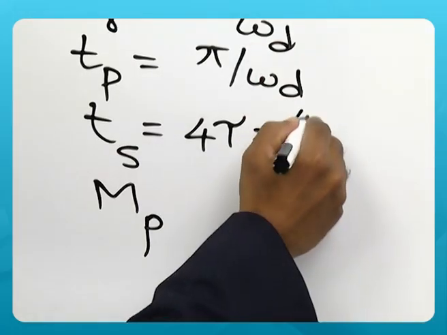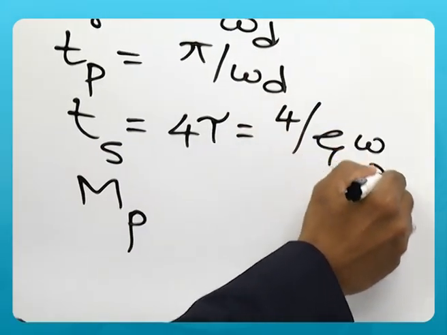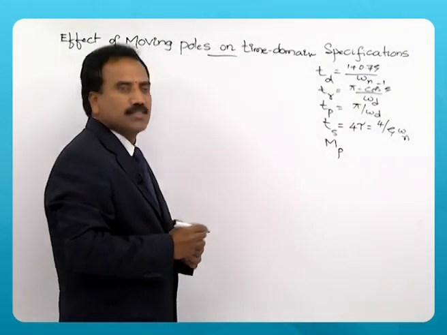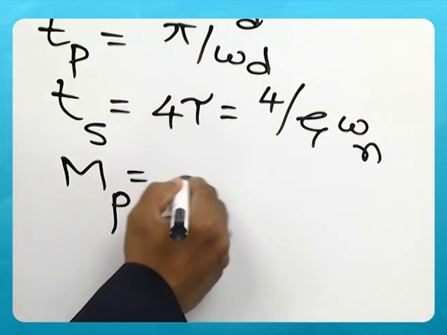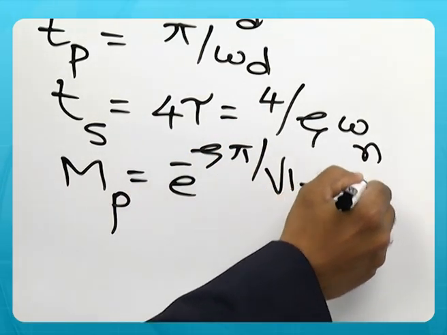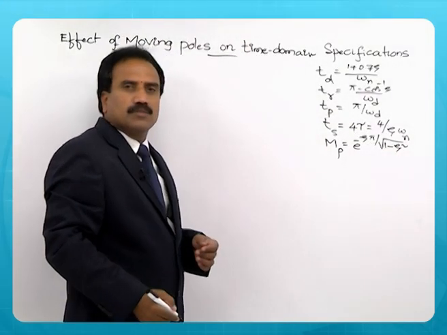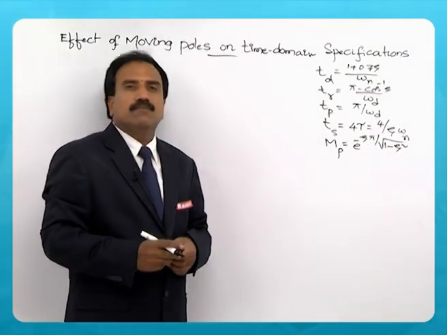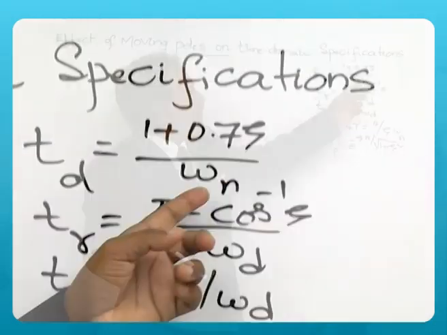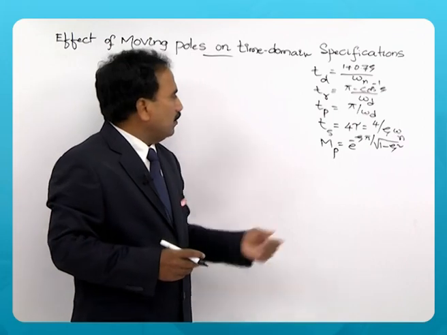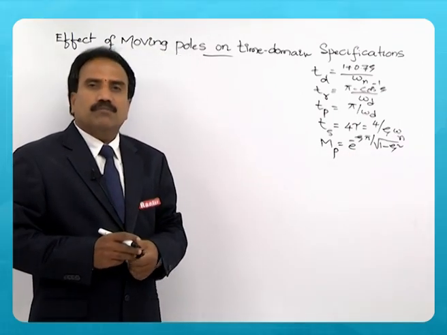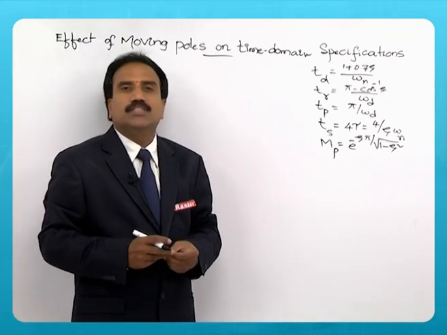This is given by 4 by zeta omega n by default for 2% tolerance, and the peak overshoot is given by e power minus zeta pi under root of 1 minus zeta square. So, all these time domain specifications depend on either zeta or omega n. Only the peak overshoot does not depend on the frequency of oscillations, but it depends on zeta.